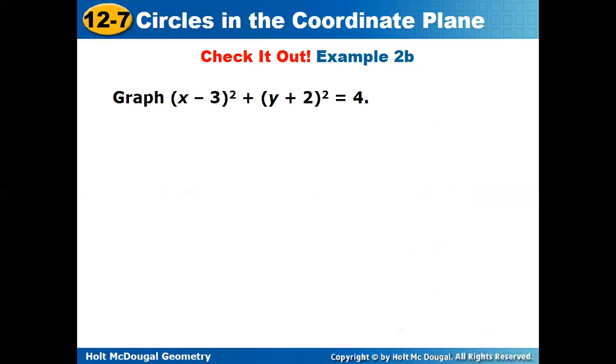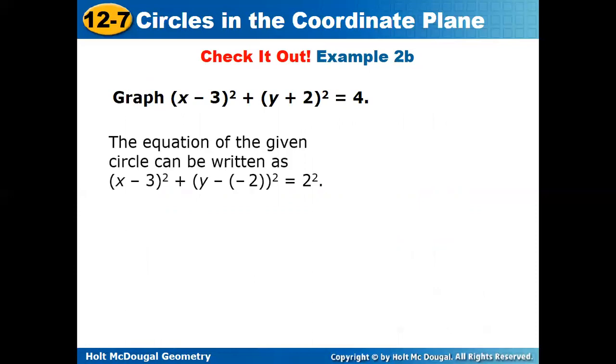Now check your answer. We can rewrite the equation of the given circle just to identify the center and the radius. The center will be (3, -2), and the radius will be 2 only, which is root 4.